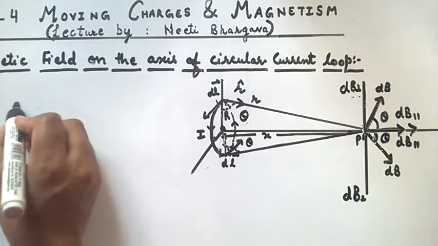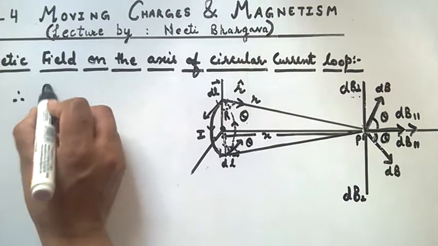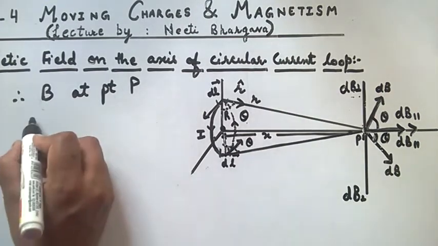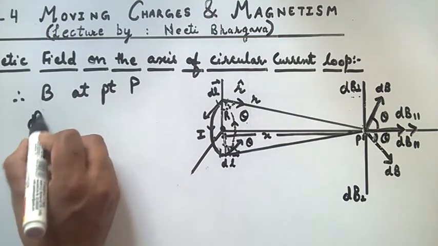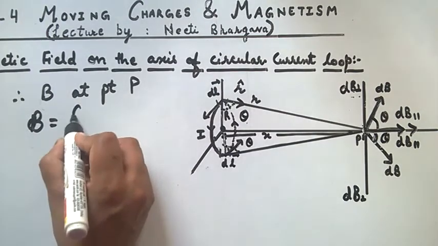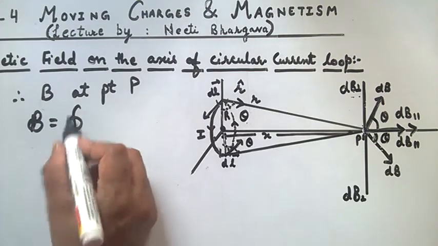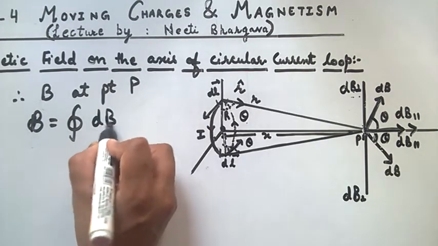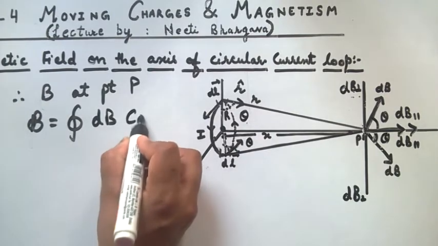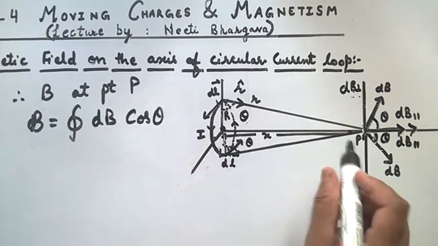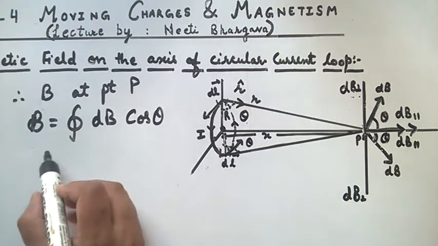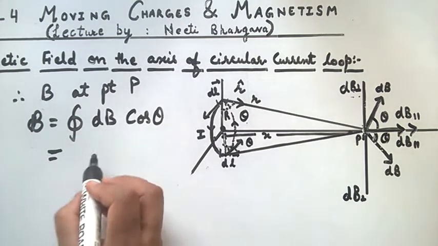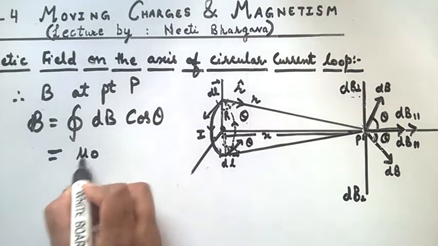Therefore, the value of magnetic field at point P is given as the integration over a closed loop, and it is equal to the dB cos theta component. All dB cos theta components we will take here. Substitute the value of dB, which is equal to mu naught by 4 pi.